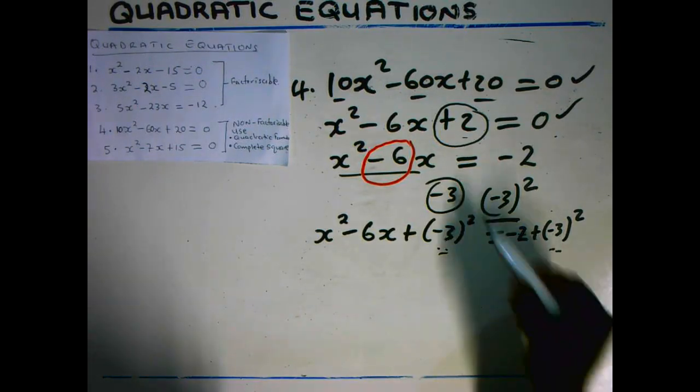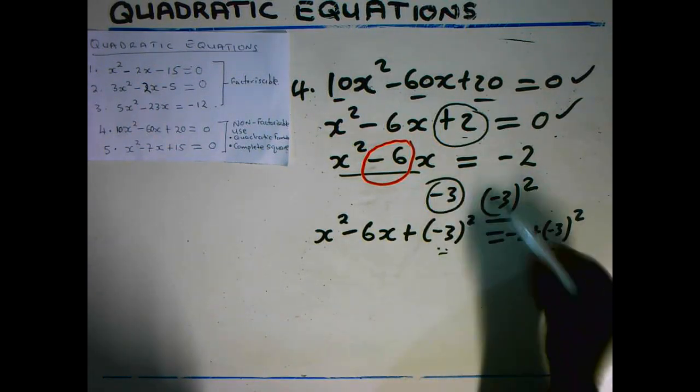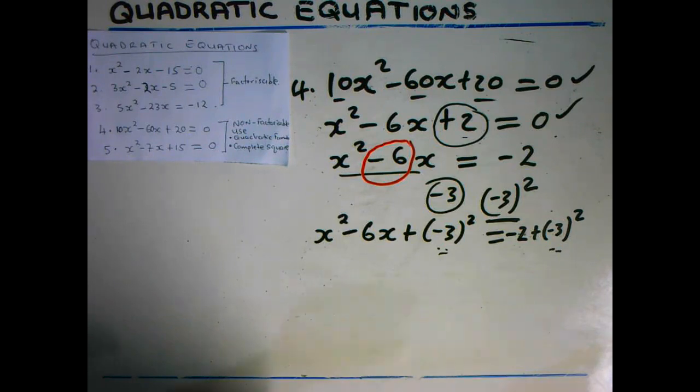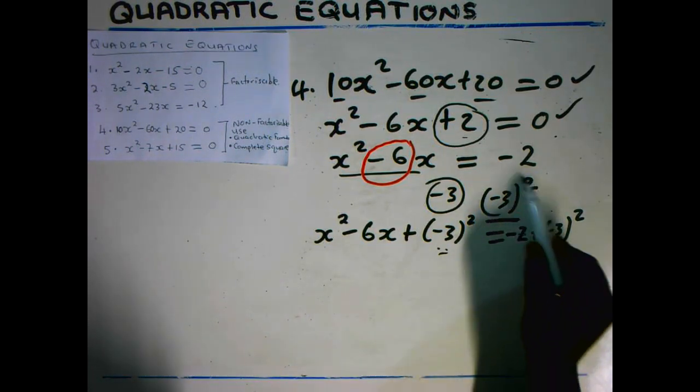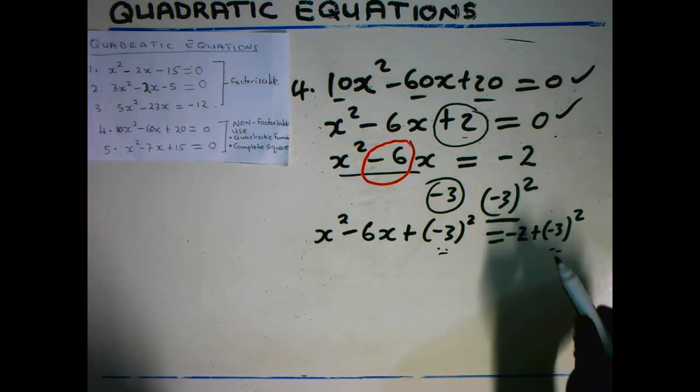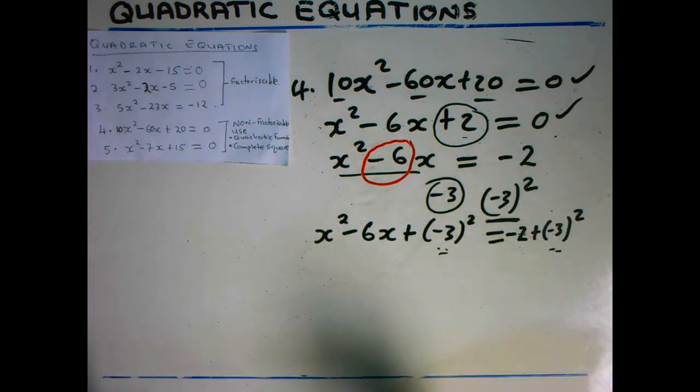So I want you to pay attention to these steps. Find half the coefficient of x. That's what we've done. After finding half the coefficient of x, square that half. After squaring half the coefficient of x, add it on both sides of the equation.